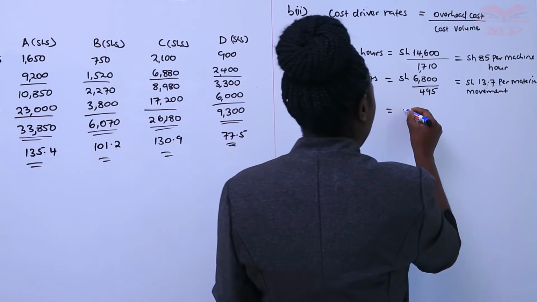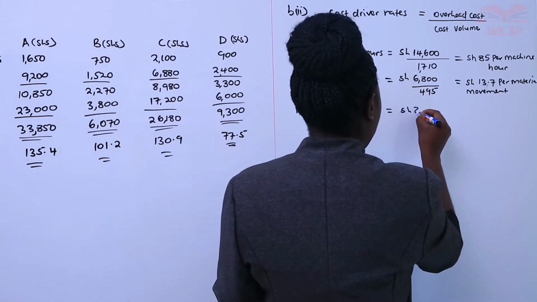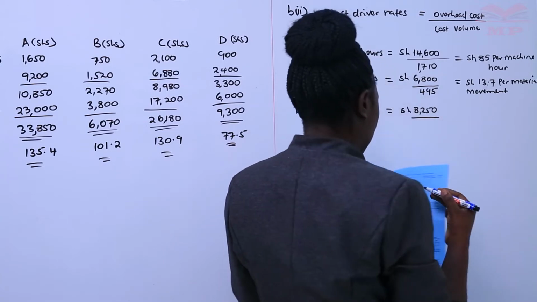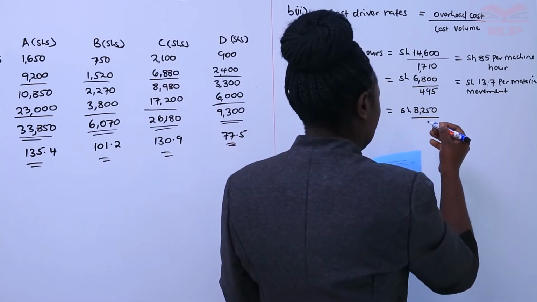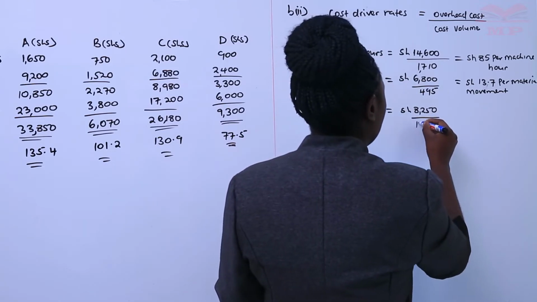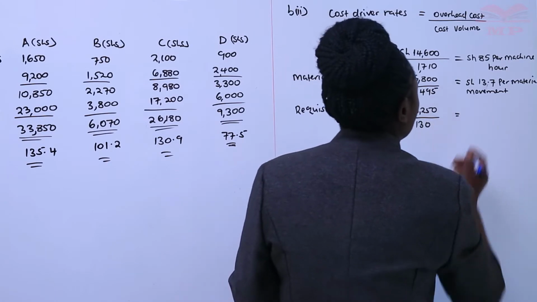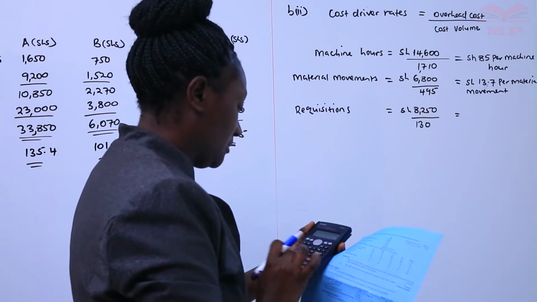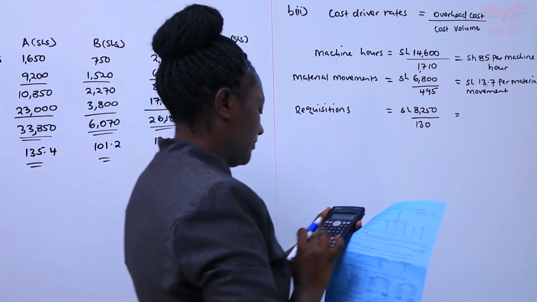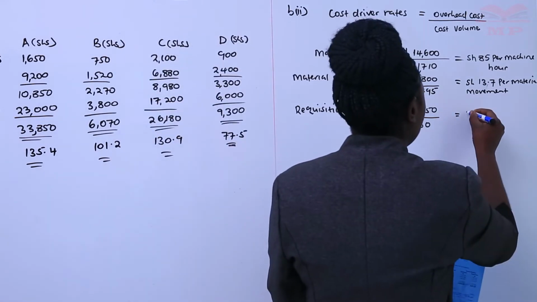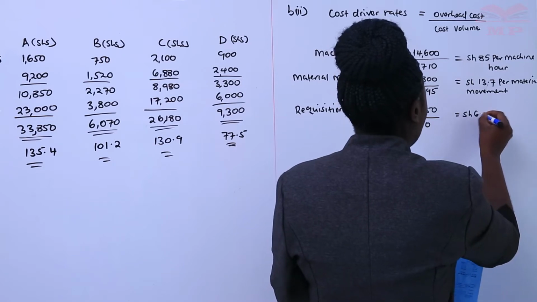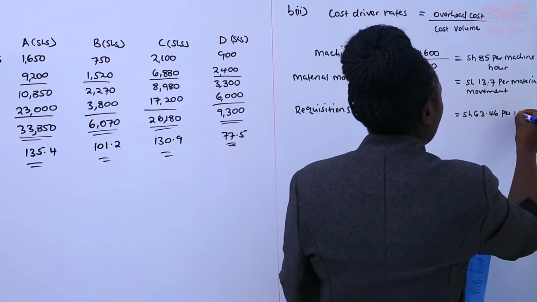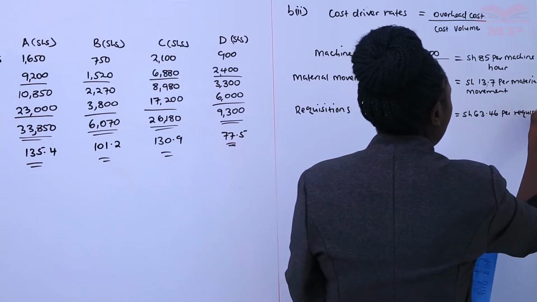So we have 8,250, and the cost volume is 130. This will give us 63.46 per requisition.